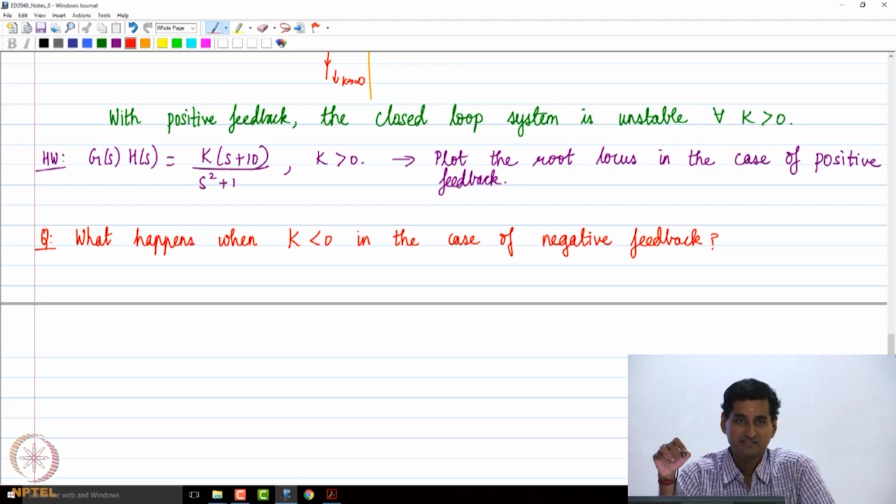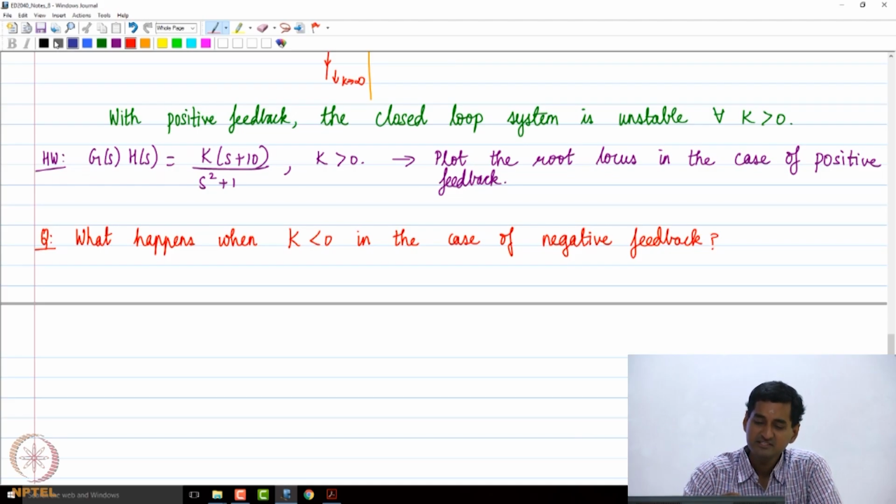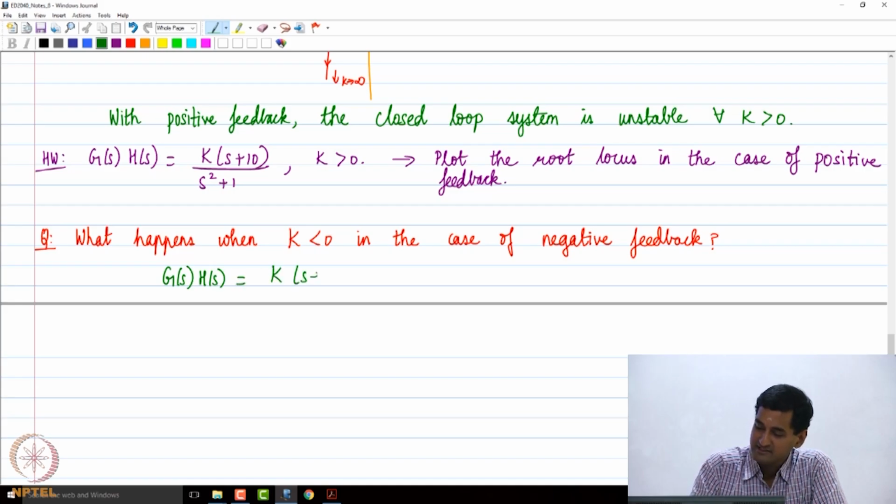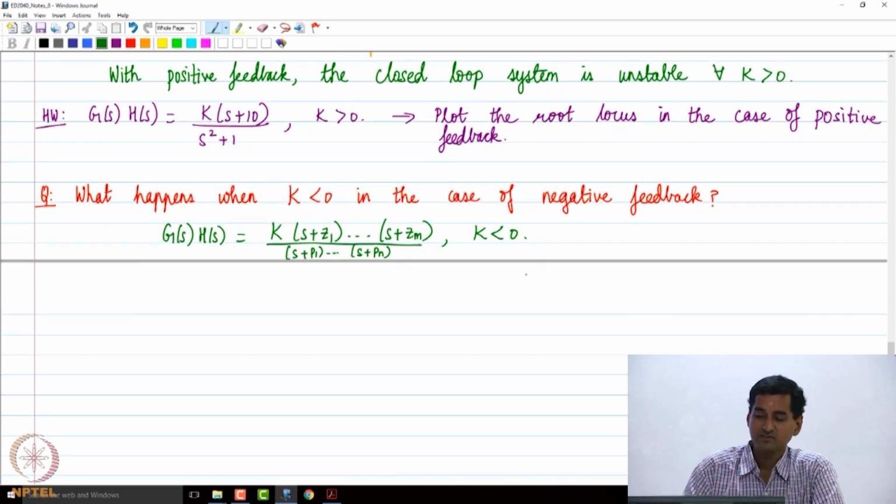This means that G of s H of s can be written as K times (s plus z1) all the way till (s plus zm), divided by (s plus p1) all the way till (s plus pn). But the only change is K is now negative. So then what happens to the closed loop characteristic equation?